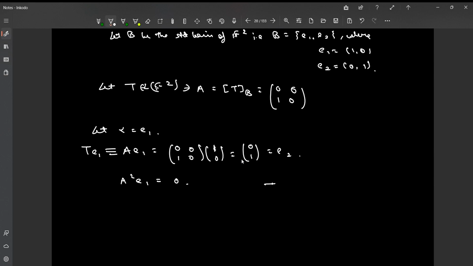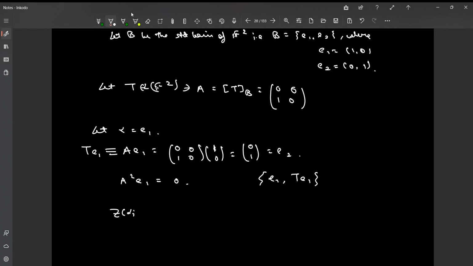But then observe one thing from here, that we got T of E1 to be E2, and E1 is there on itself. So we have E1 and we have the vector T of E1, right?